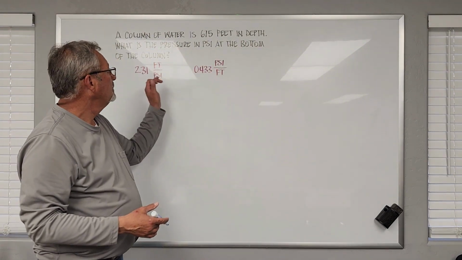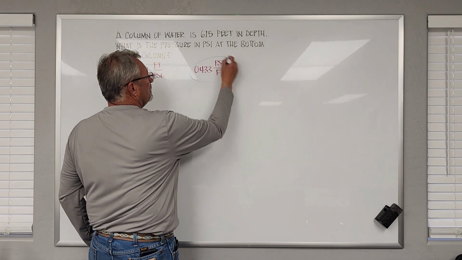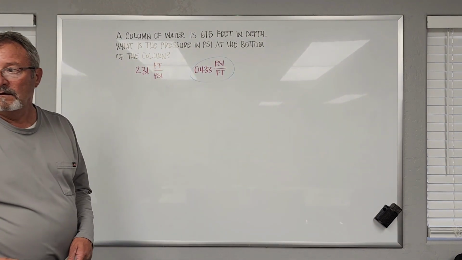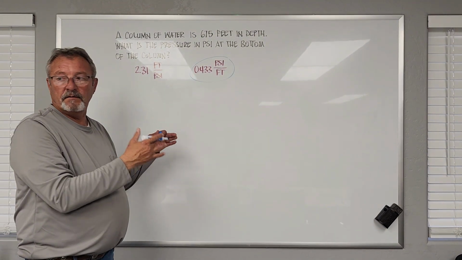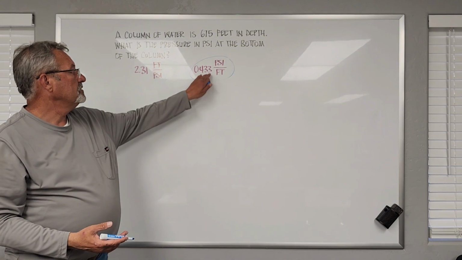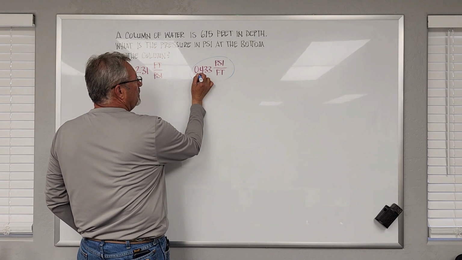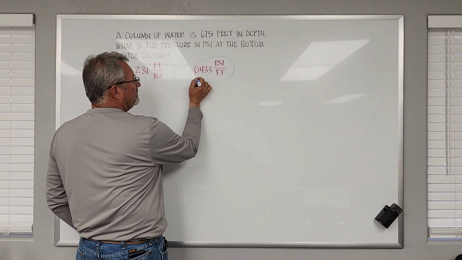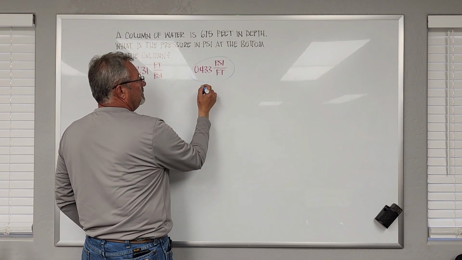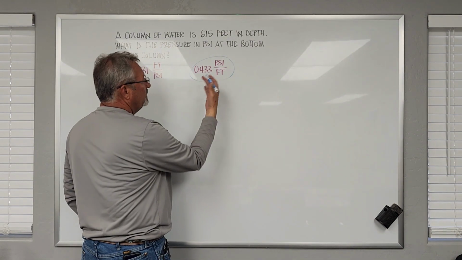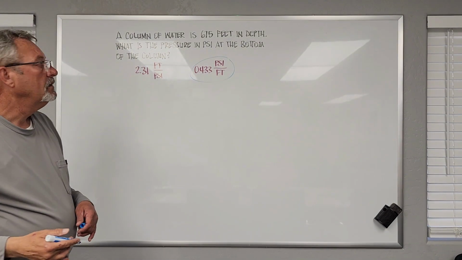You have a choice, and my choice is this one. I always use 0.433. Sometimes I have to multiply, sometimes I have to divide, but I always use the 0.433. And again, when I have a value that's less than 1, when there's no number to the left of the decimal, I always write the 0, the decimal, and then in this case 0.433, right?